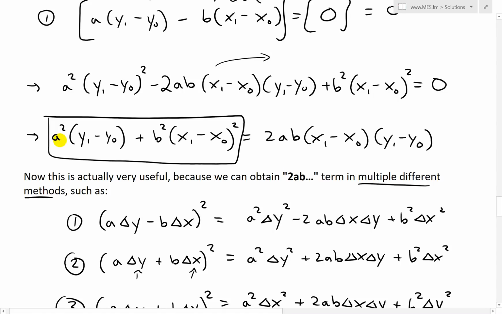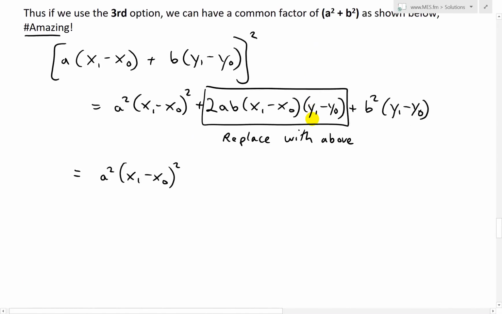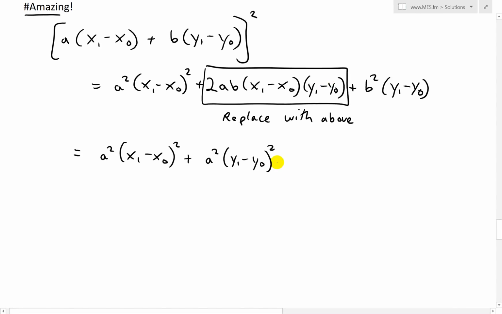So now we have an a squared y1 minus y0 squared that equals that term. So now we have a plus a squared y1 minus y0 squared, and it's a plus there as well, plus b squared, and now we have an x1 minus x0 squared, like that, and finally over there plus b squared y1 minus y0 squared.